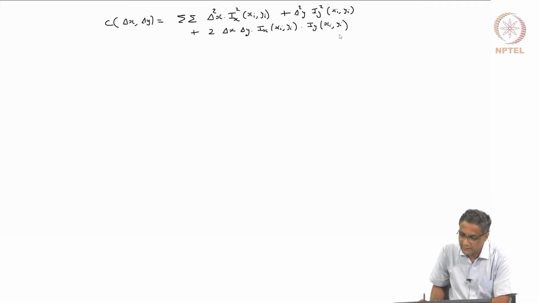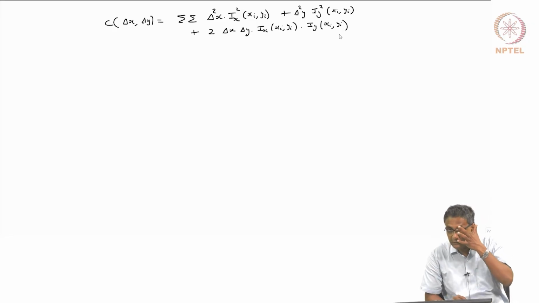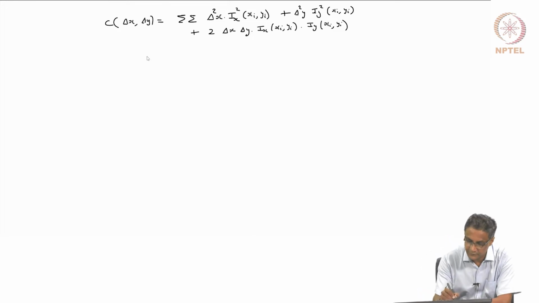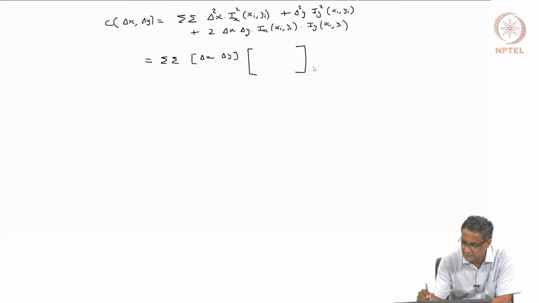Now, can we write this in a more compact form? This looks a little messy. Can we write it in a matrix vector form? This is after all a quadratic. So we can write this as delta x, delta y, and then a matrix. What will be the size of this? Again delta x, delta y. So what will be the entries?